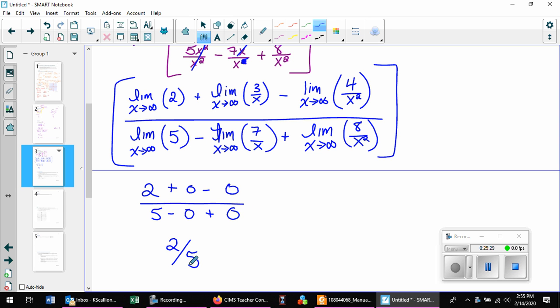So my horizontal asymptote will be y equals 2/5. You guys good enough? Easy peasy?